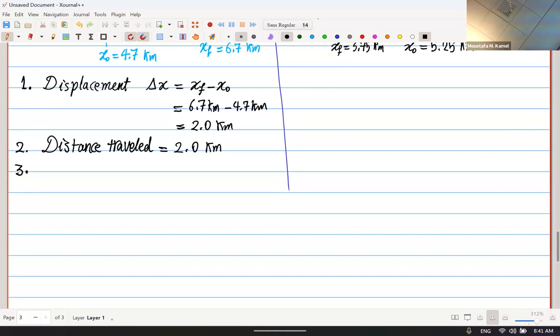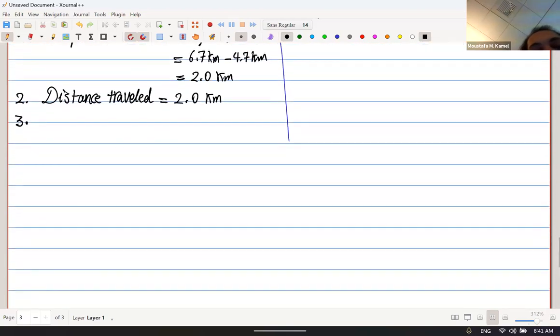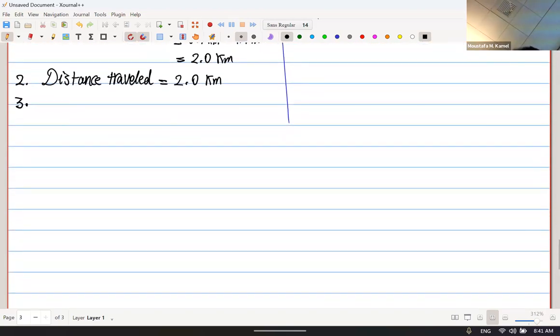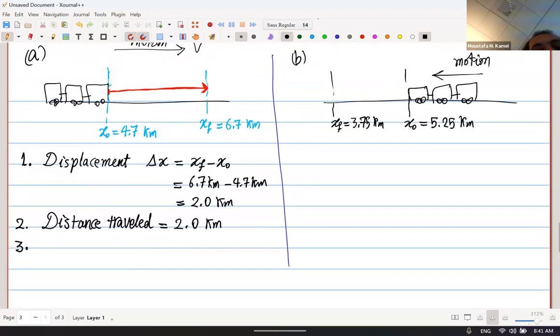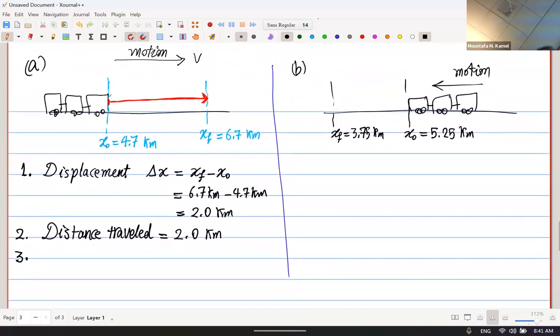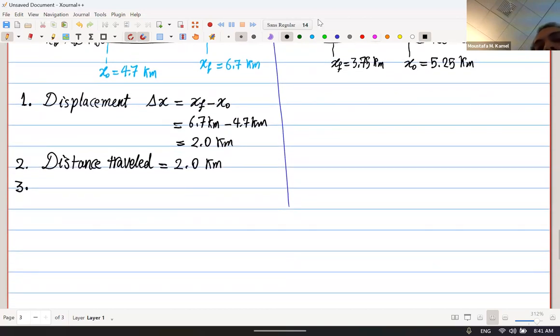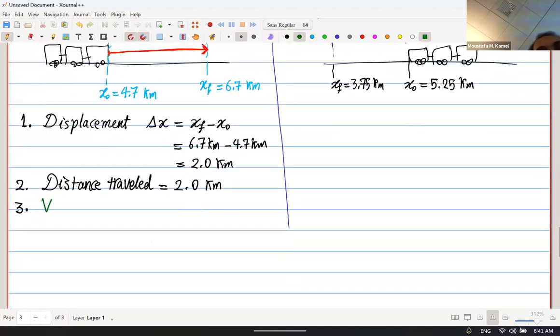Now we will assume that the train moves for, okay, so assume the train was moving with, I have to have more inputs here. So assume the velocity of the train when it was moving to the right.